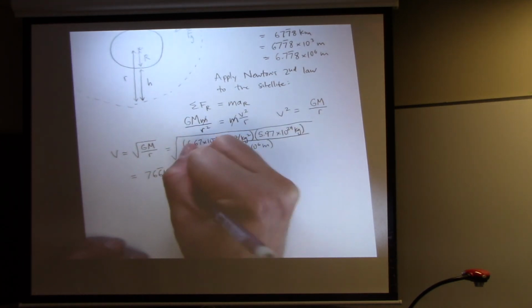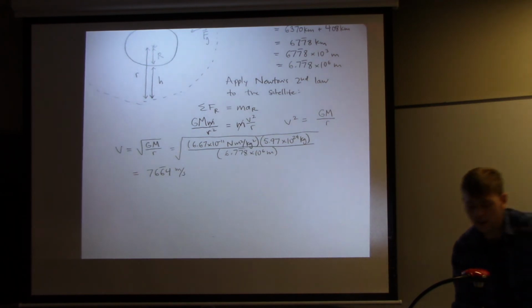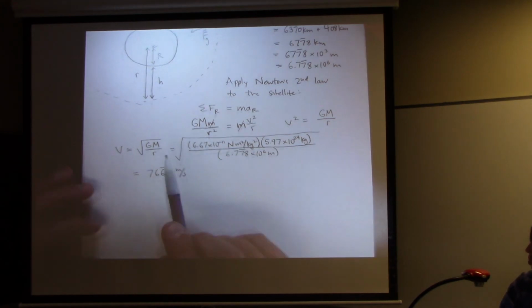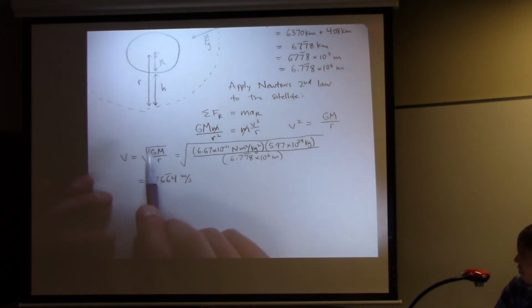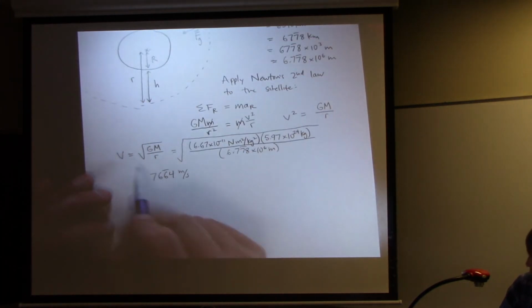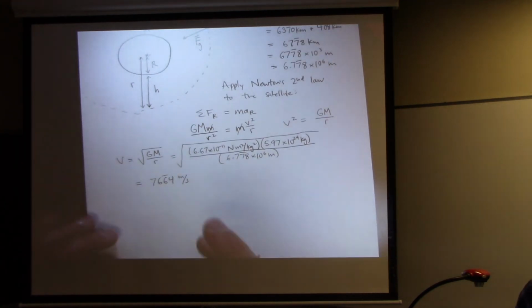meters per second. Now, let's actually work out the units real quick, because when it comes to gravity, the units can get a little tricky. But the general idea is, if everything we plug in is in SI units, everything that comes out will be in SI units. So speed should be in meters per second if everything that we plug in is in SI units. But let me just show you why this works.